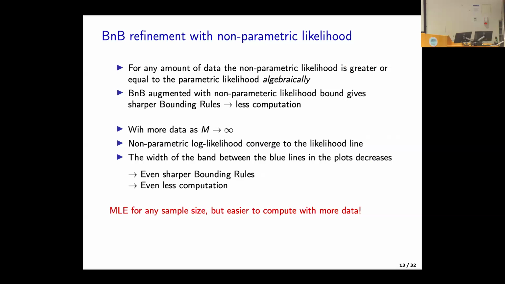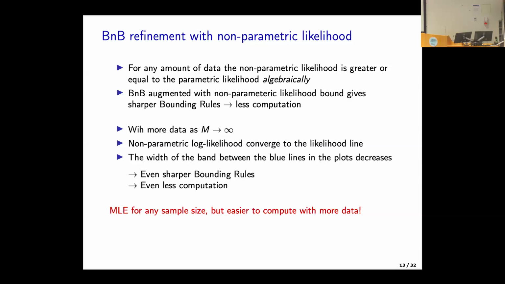All right, so what do we have? We have that for any amount of data, the non-parametric likelihood is greater or equal to the parametric likelihood algebraically. Branching bound augmented with this non-parametric likelihood bound is really powerful in reducing the amount of computations. So with more data, and we're thinking about the number of markets, the non-parametric log likelihood converges to the true likelihood at the true parameter.